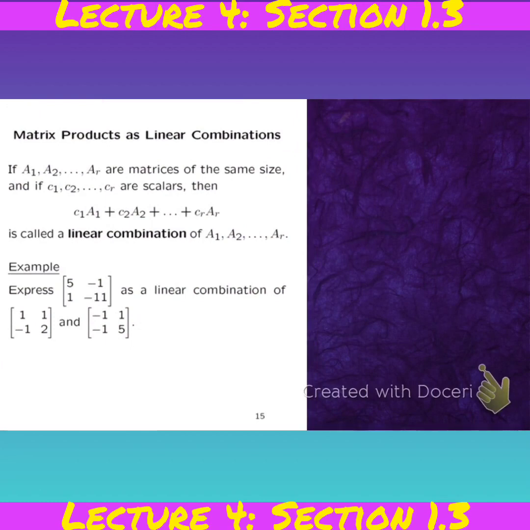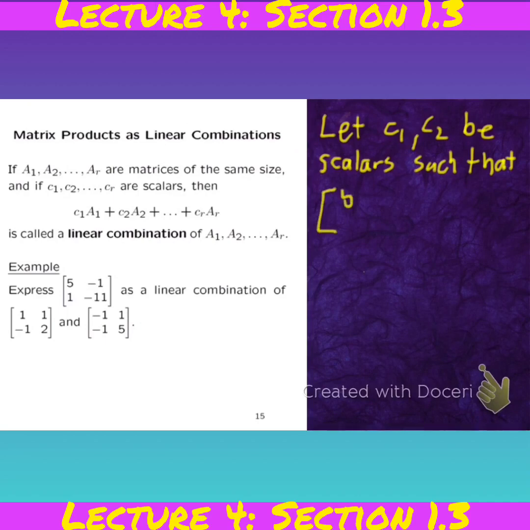So basically, what we want to do is let C1, C2 be scalars such that we can express the matrix 5, 1, minus 1, minus 11 as a linear combination of the two matrices 1, 1, minus 1, 2 and minus 1, 1, minus 1, 5.